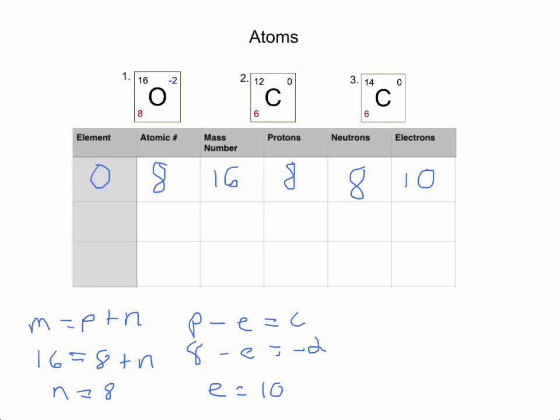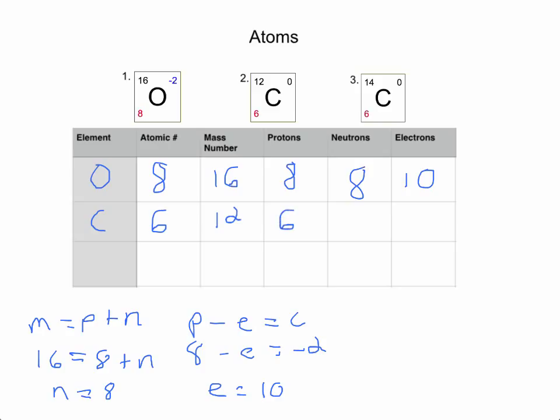So here we have carbon as our symbol, so we're going to put carbon as our element. The atomic number is 6, so we'll put that under the atomic number. The mass number is 12. Protons have to be 6.